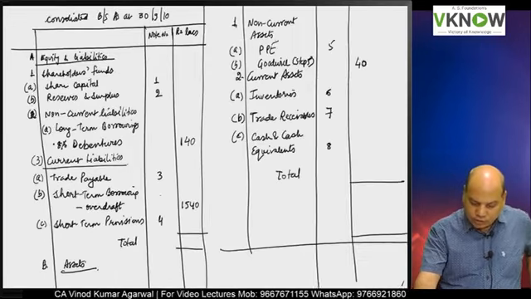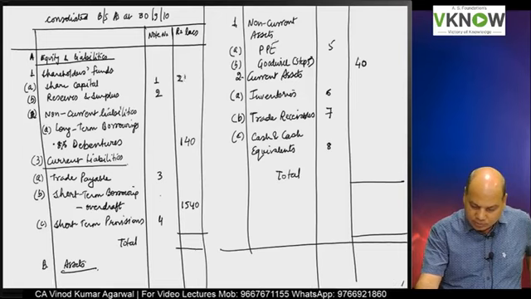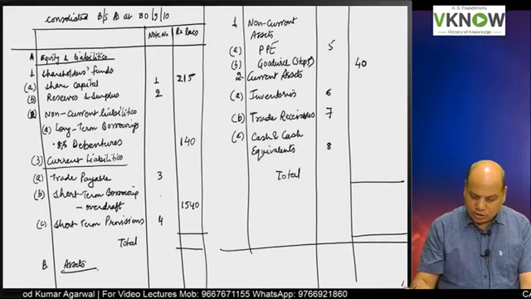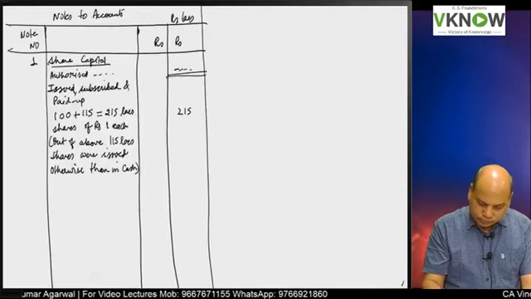So 215 you write down here on the main balance sheet. And now write down note number 2.